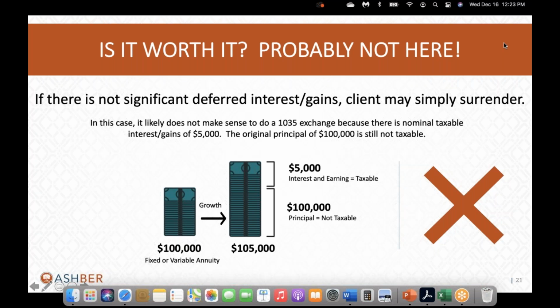So in this example, if the policy was just purchased within the last year or two and there's going to be a 10% surrender charge, then the client is actually going to be getting back less money than what they put into the contract. So it would make sense just to surrender that policy versus doing a 1035 exchange, because there's no real benefit to the exchange if we're not dealing with any deferred earnings on the existing policy.